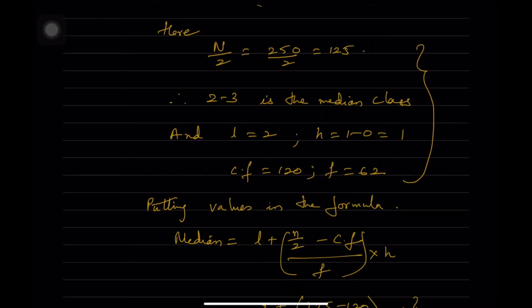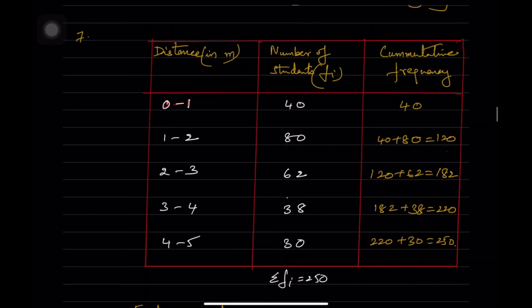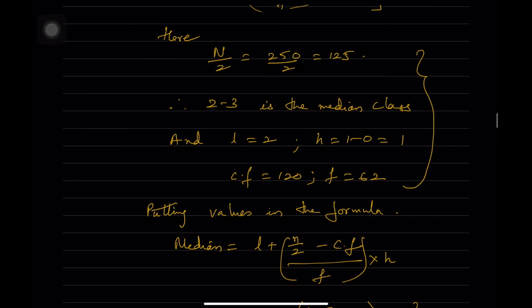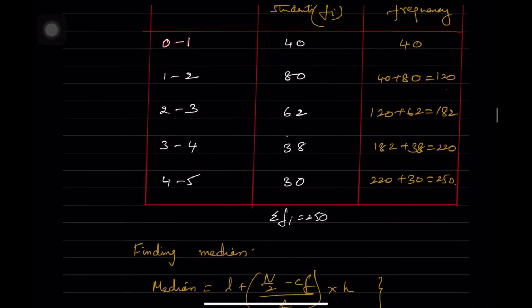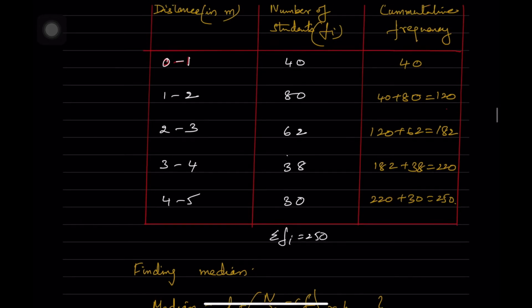Therefore 2 to 3 is the median class and L is equal to 2. h is the size of the class, because 1 minus 0, or 2 minus 1, or 3 minus 2, or 4 minus 3, is equal to 1. Now the cumulative frequency is that frequency. Now you have 125 which is given.